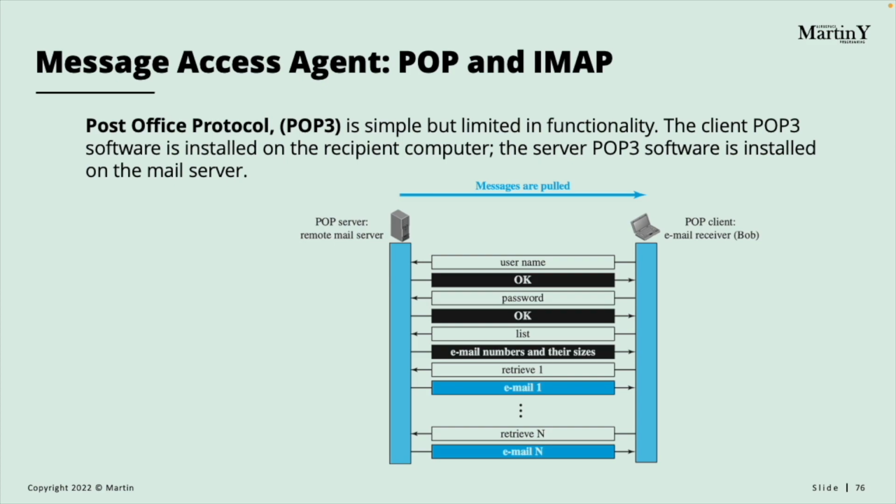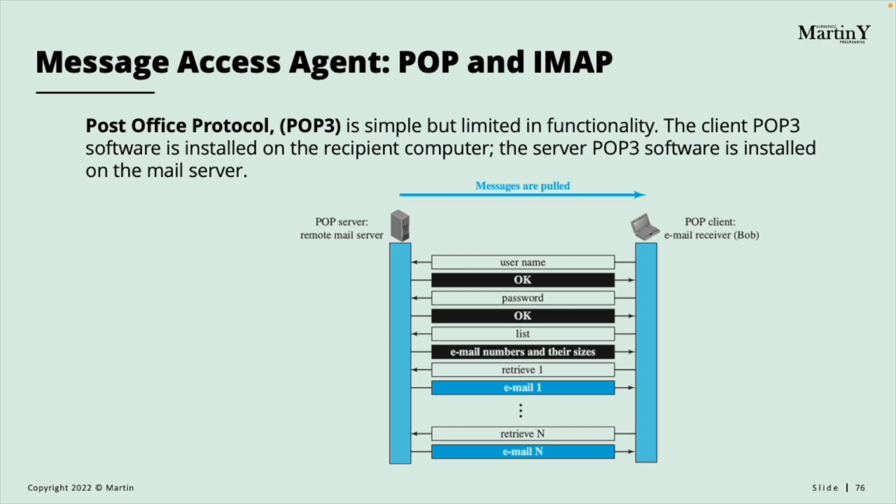This protocol is used for us to retrieve our mails from the email server. And how is this done? The client provides a username and a password. Then we can send the commands to list our emails, and then we just send the identifier of the specific email which we want to get.